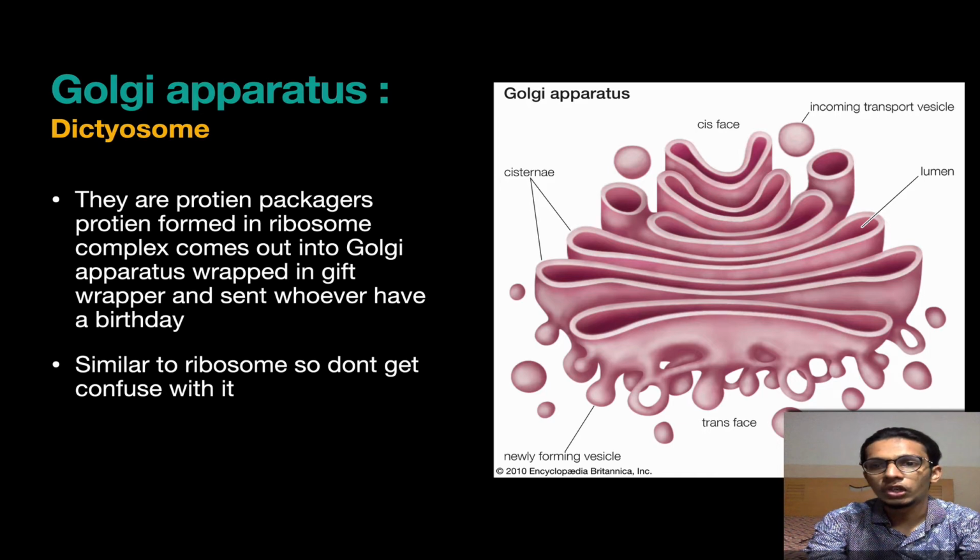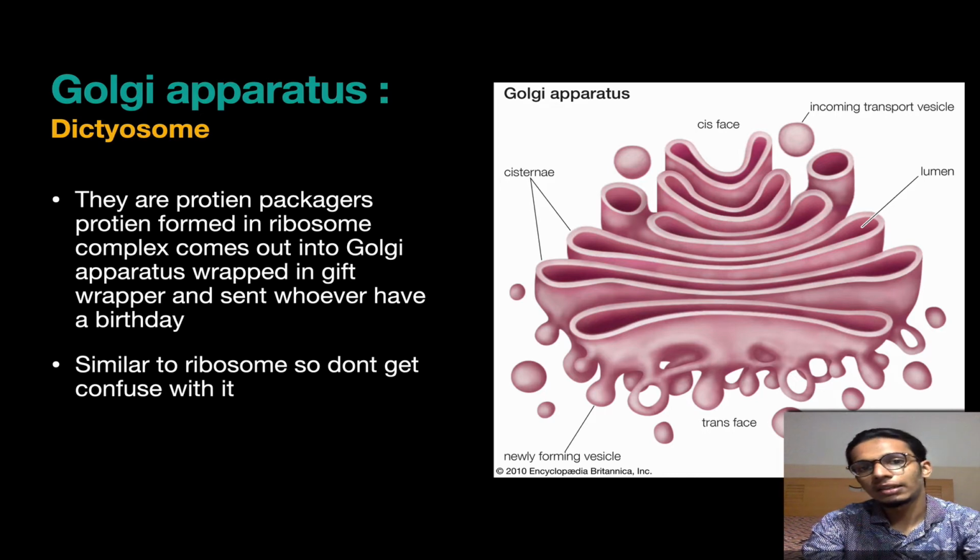I have a video on this which I'm going to show you in that I button, where you are going to have the link to my other video. They are protein packagers. They package the protein and throw it into the cytoplasm wherever it has to be used.